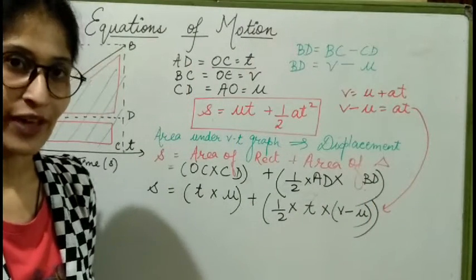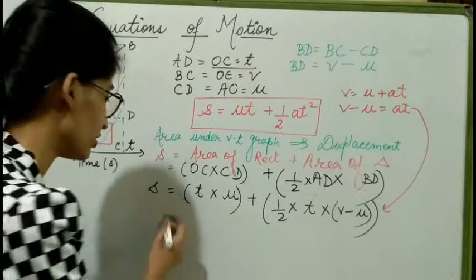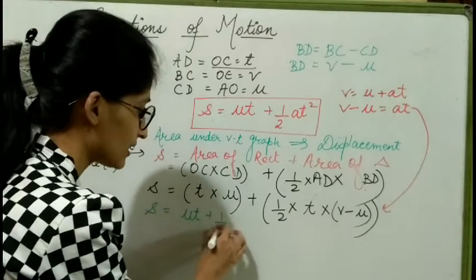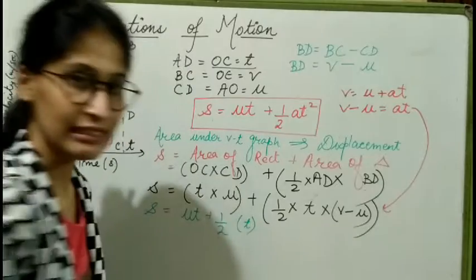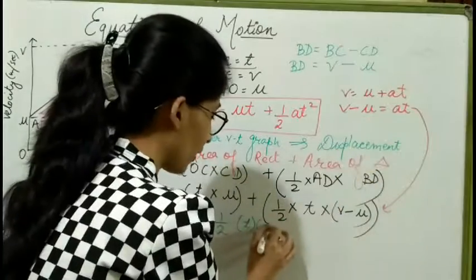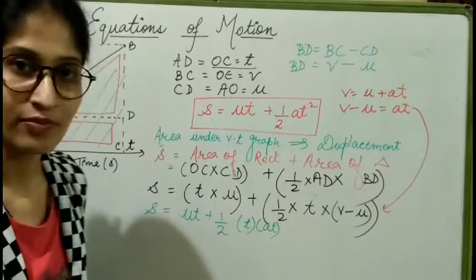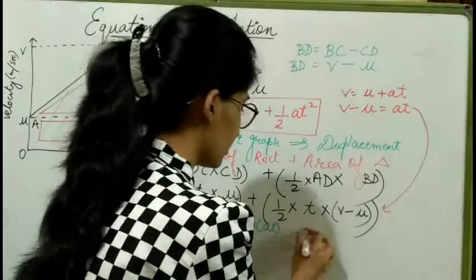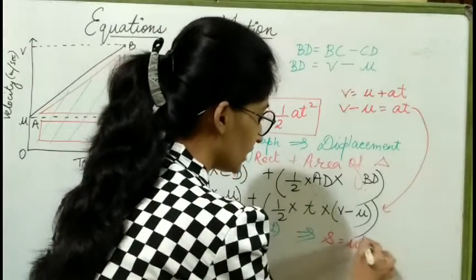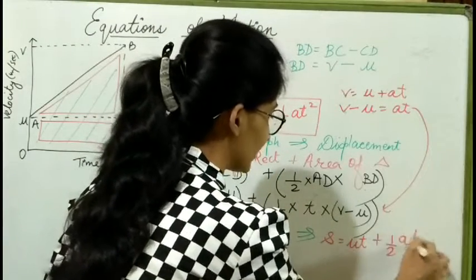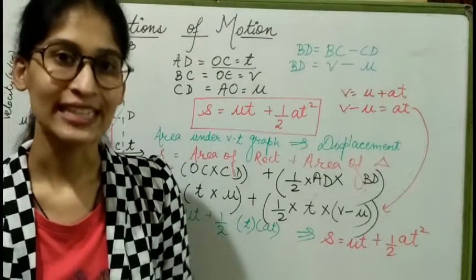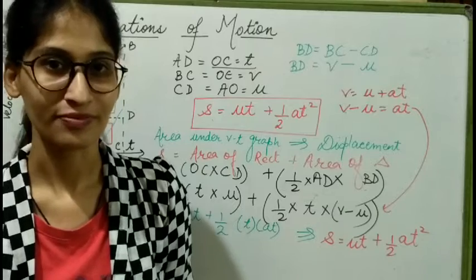On putting the value, I am going to get S equals UT plus half T multiplied by, in the place of V minus U, AT. So this is nothing but S equals UT plus half AT square. So we are done with our derivation of the second equation of motion.